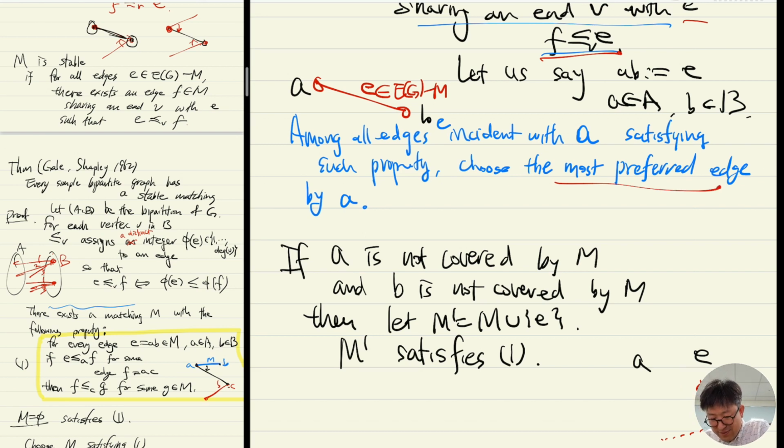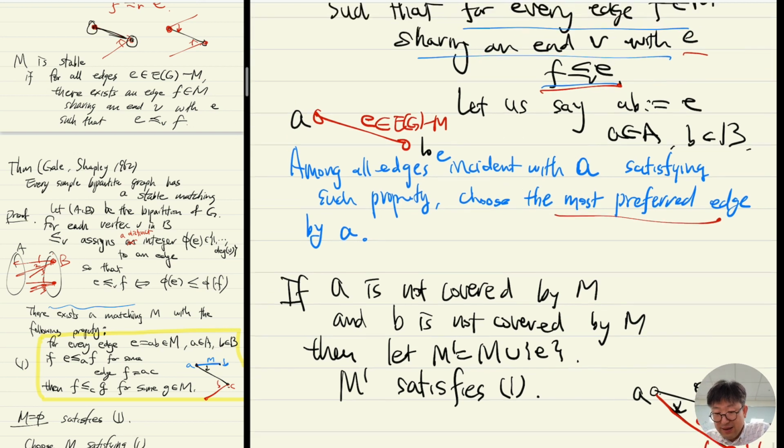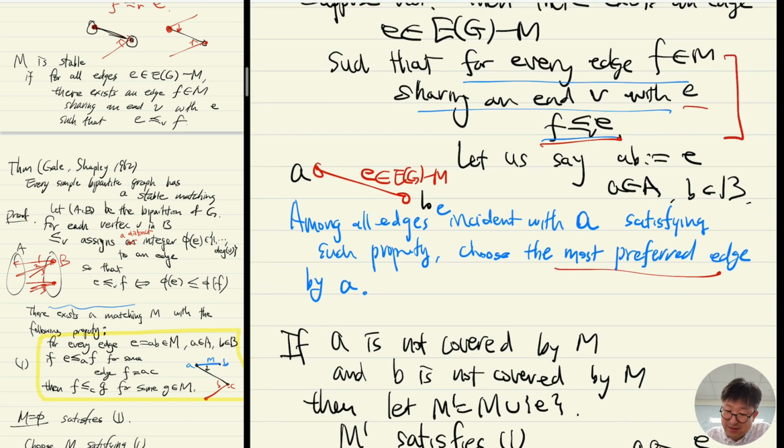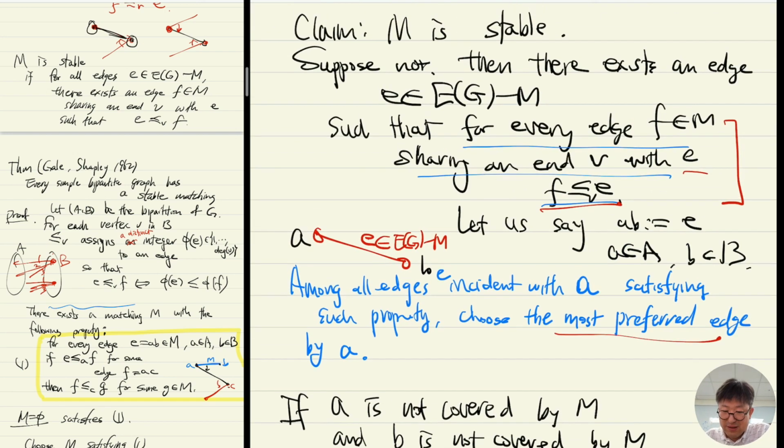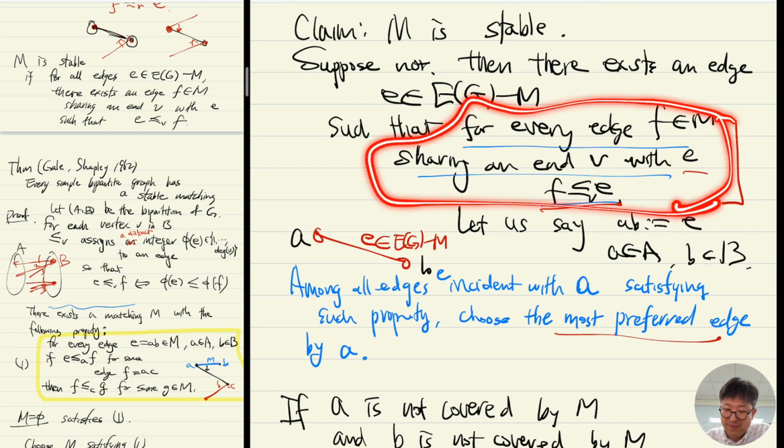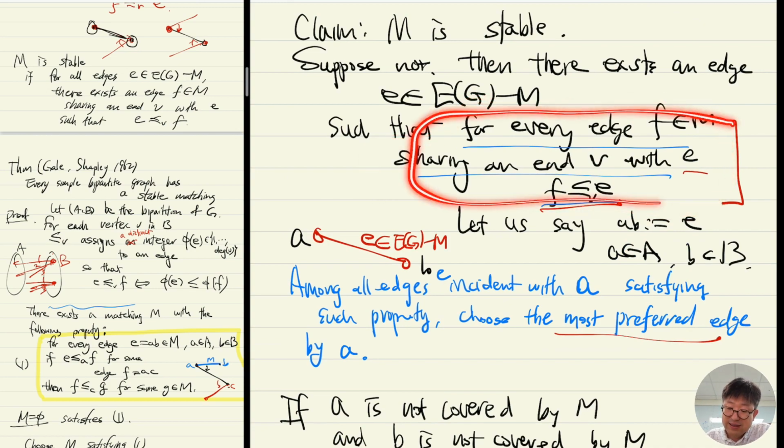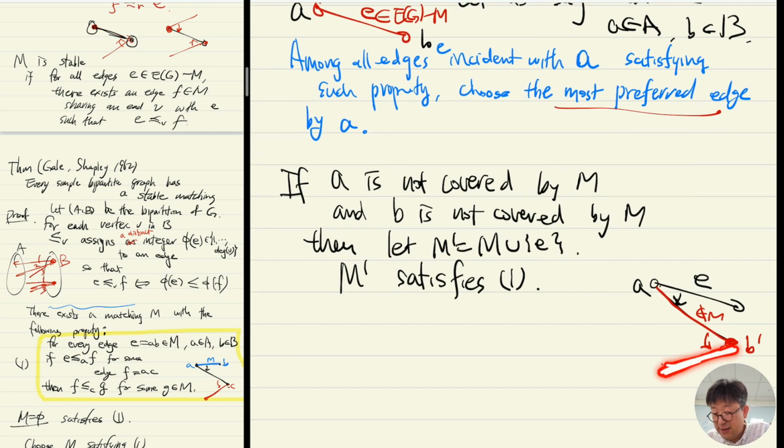So if I have a B prime which is preferred, and if they are adjacent, then because of this condition, this condition should fail for B prime, A B prime. So that means there exists F here, right? So this vertex B prime is currently married to someone else, whom she thinks is better than A.